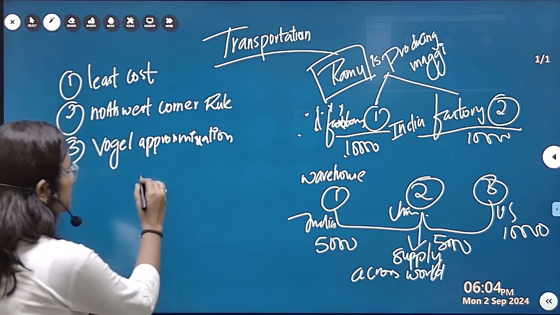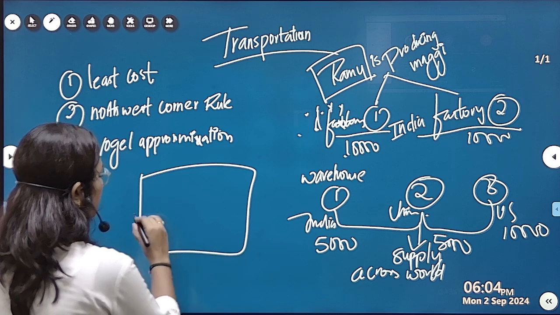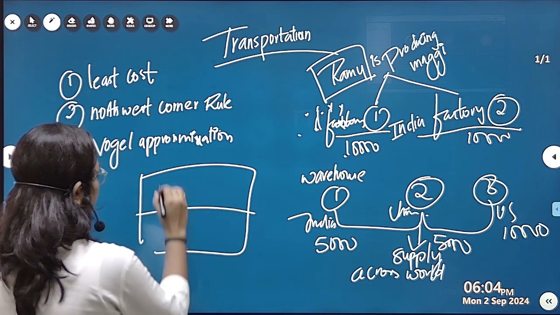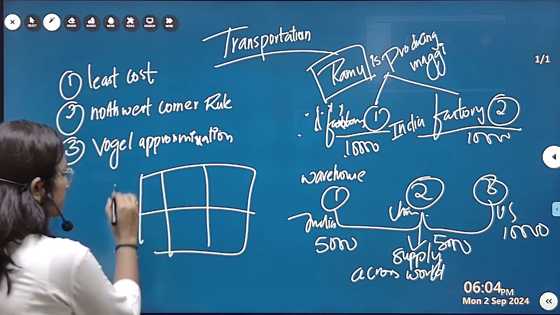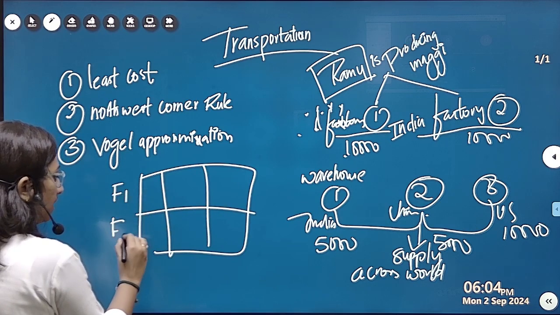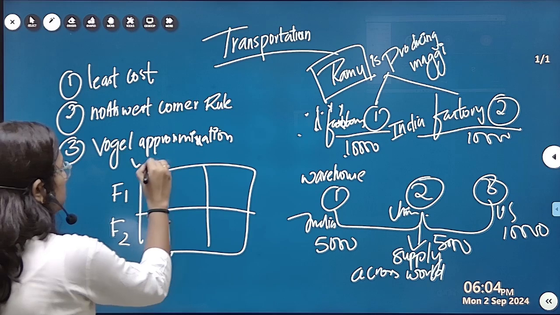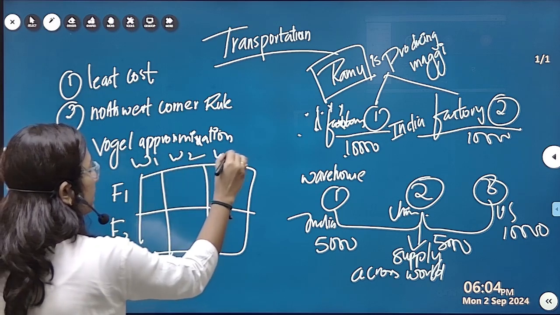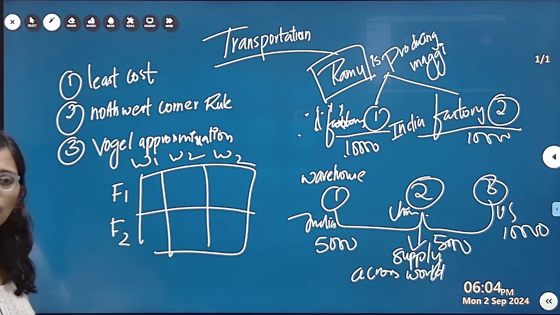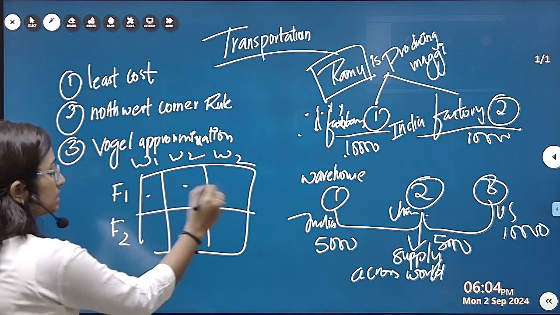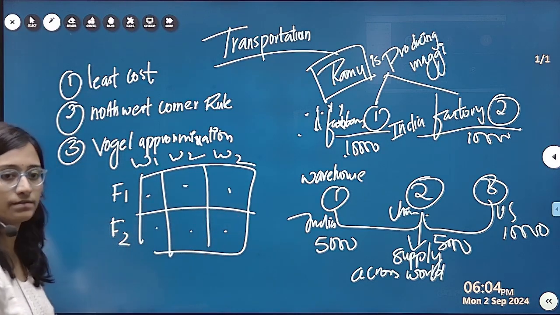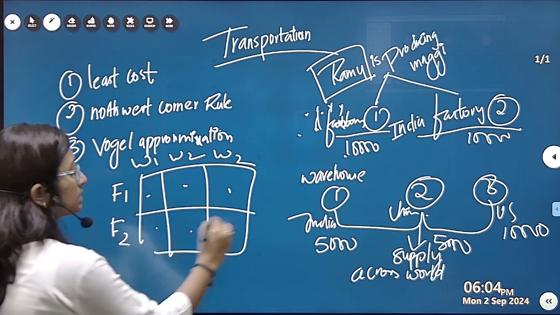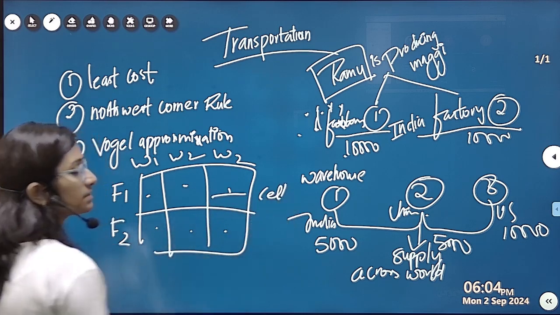Suppose this can be made into a table like this. This is factory F1 and F2 and warehouses W1, W2 and W3. These boxes are known as cells.